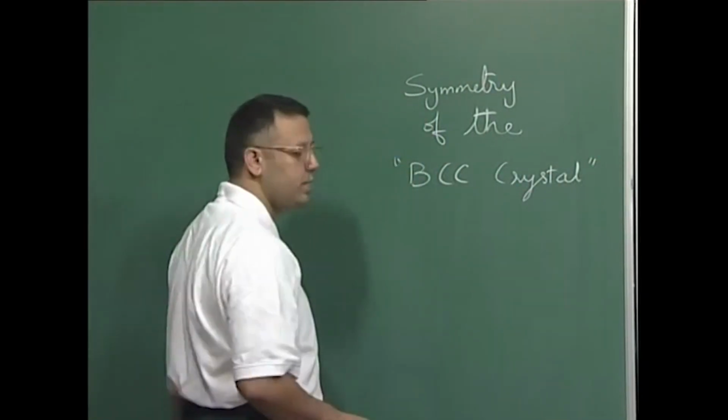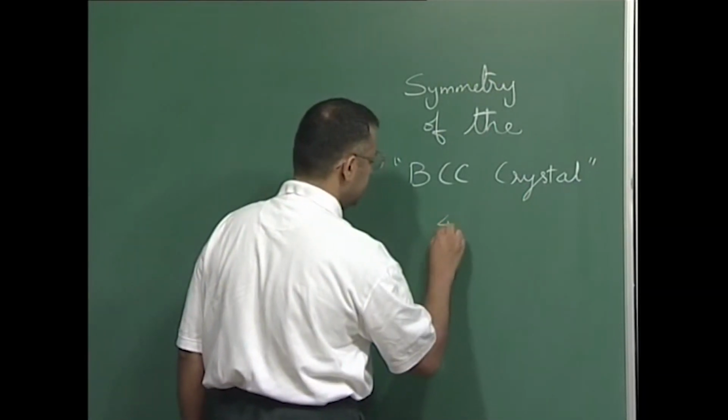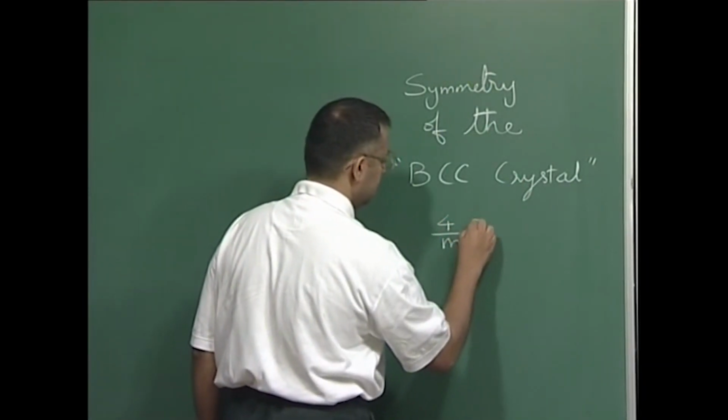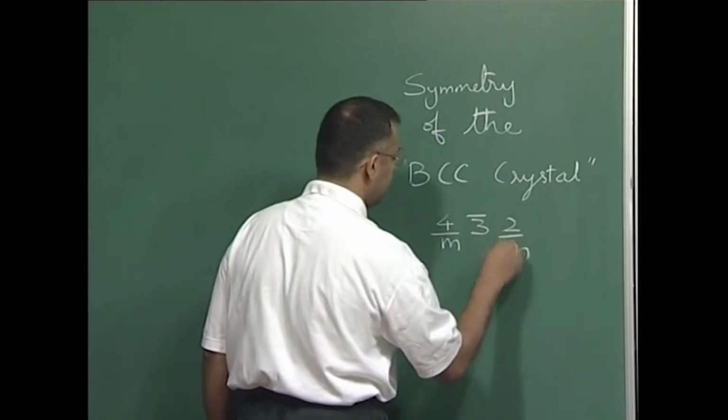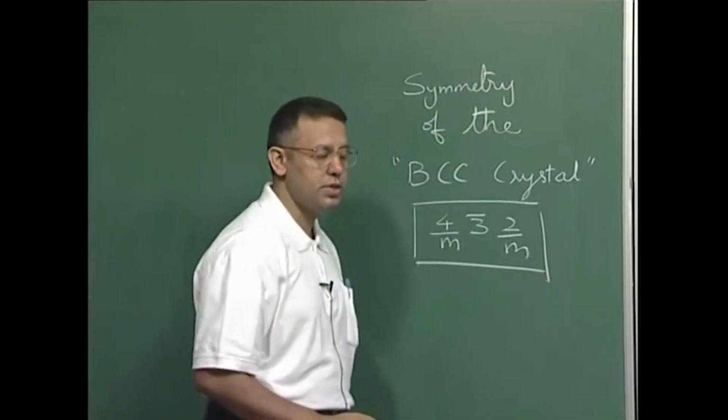And I am using the phrase BCC crystal in the exact sense which I just described to you. And this also happens to be the symmetry of the lattice from which I started off.